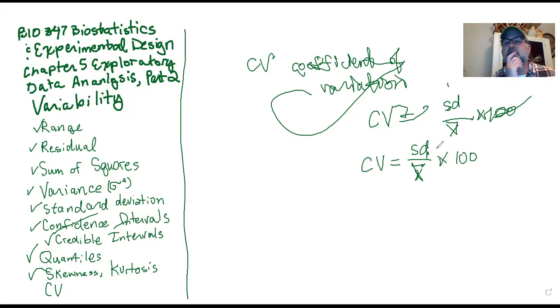If we're looking at acorn width, it might be measured in millimeters. So the standard deviation is in millimeters and the average is in millimeters, and those cancel. That's the nice thing. It just gives you a number, and now you can look at variability among different systems. And that's the coefficient of variation.